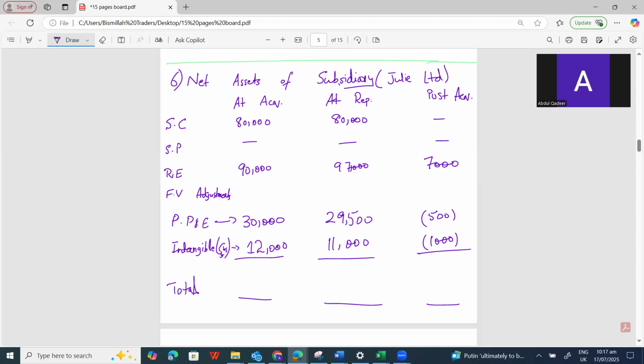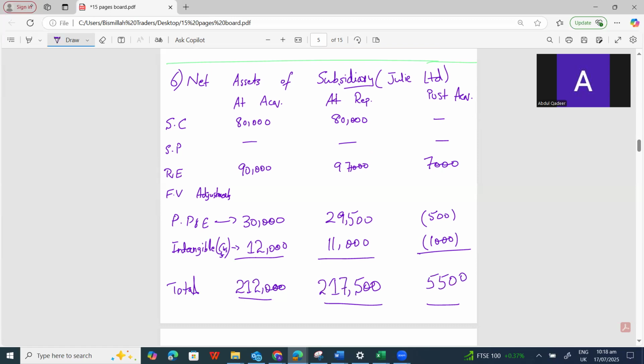At acquisition, when you calculate 80, 90, 30, 12, it becomes 212,000. At reporting date, when you calculate all this, it is 217,500. And the post acquisition difference will be 5,500. Okay, these are the three we need to solve the remaining questions.